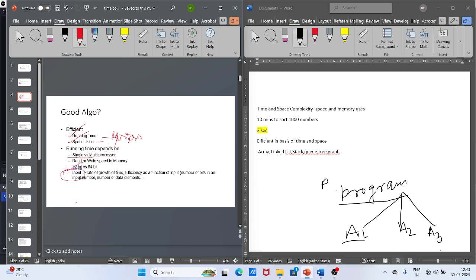The biggest factor, however, is the size of the input. If your input is small, even a slow algorithm will finish quickly. But what if your input is huge? When the input is huge, then efficiency becomes critical. That's why we need to measure performance in terms of how it behaves as input size increases.